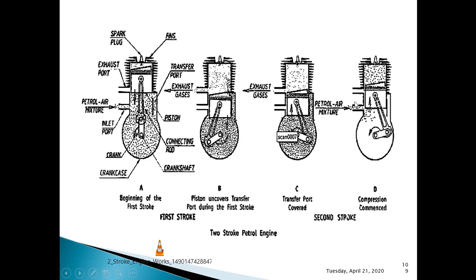So here we can see only two strokes, the power stroke and the compression stroke, whereas suction and exhaust do not take place in separate strokes. That's why the name two-stroke engine.